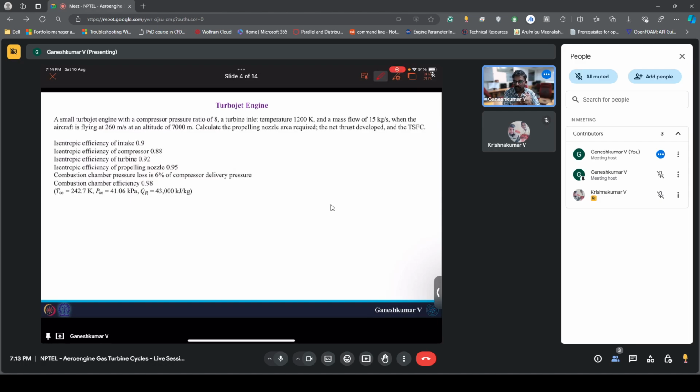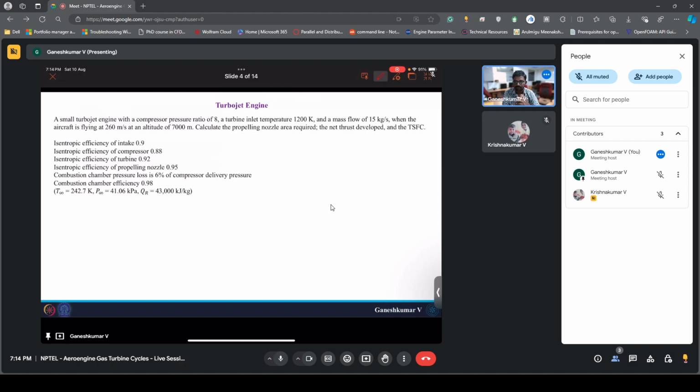We note that there will be pressure losses in the combustion chamber and the tailpipe. Here the combustion chamber pressure loss is 6% of the compressor delivery pressure, and the combustion chamber efficiency is 0.98. They didn't give a pressure loss for the tailpipe, so for now we can assume it to be 0%. There won't be any pressure loss.